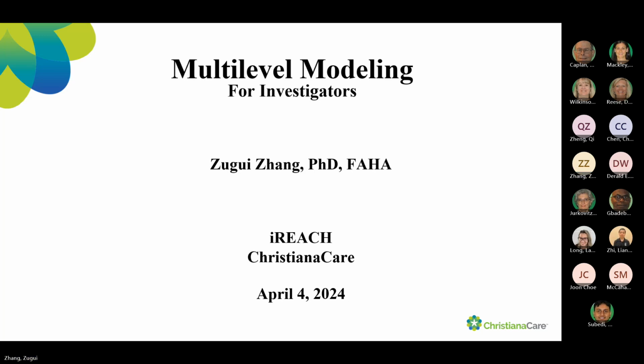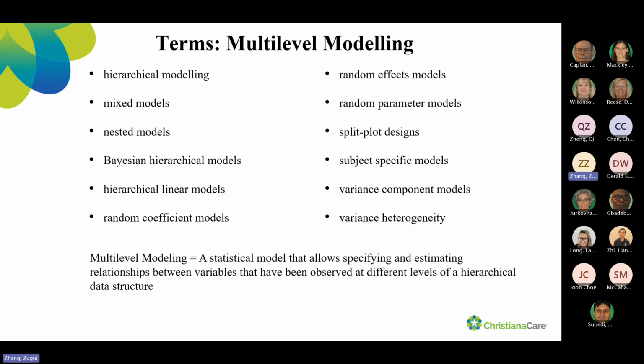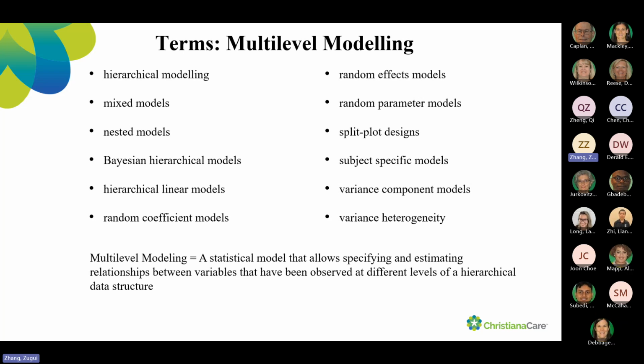Good. Okay. Today I'm going to talk about multi-level modeling. There are many different terminologies, but they refer to the same material about multi-level modeling, such as hierarchical modeling, random effect modeling, mixed models, random parameter models, nested models, and so on.